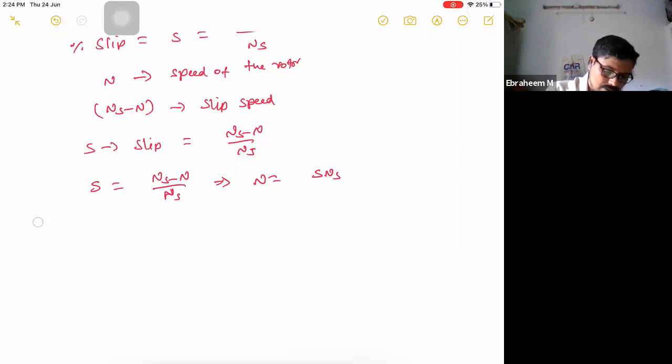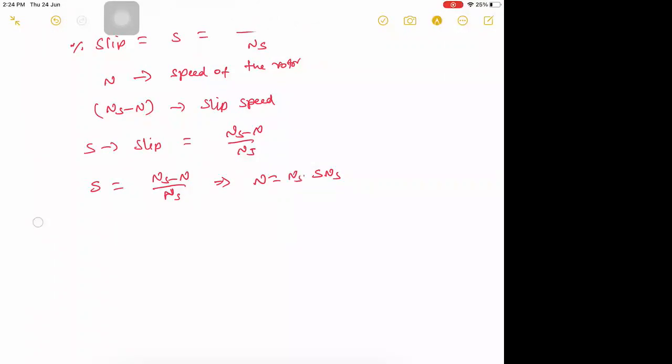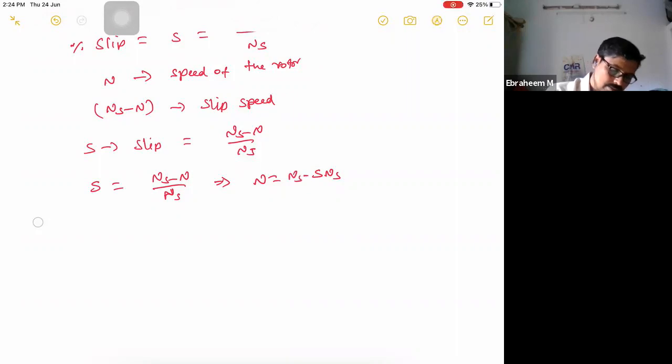NS is how much? 120 F by P, sir. So from this equation, N is equal to NS into (1 minus S).